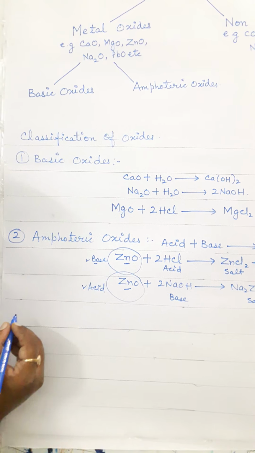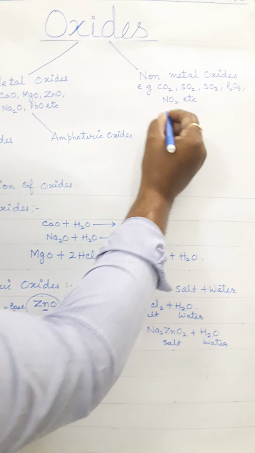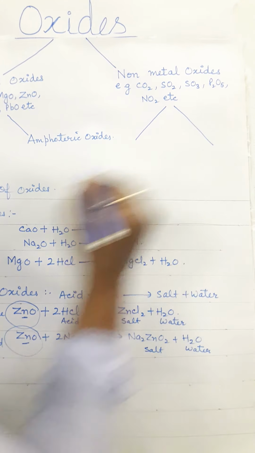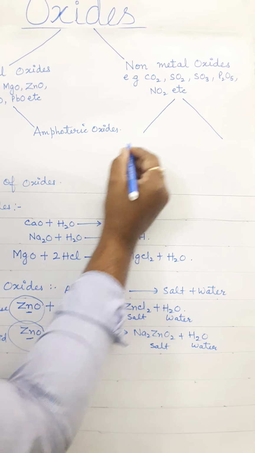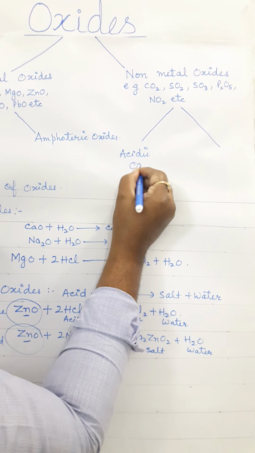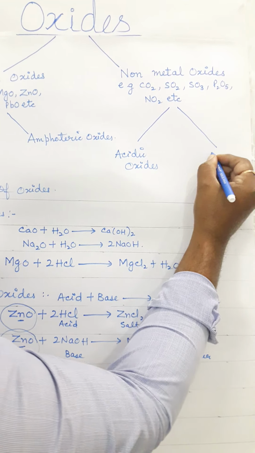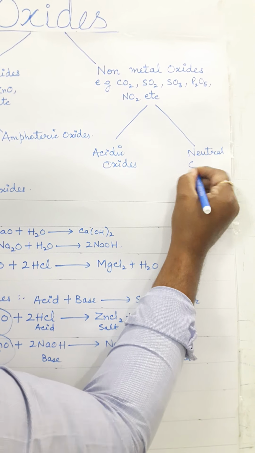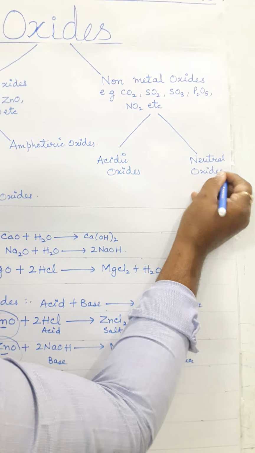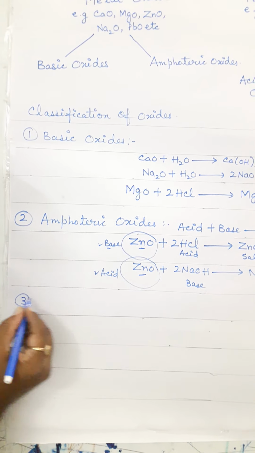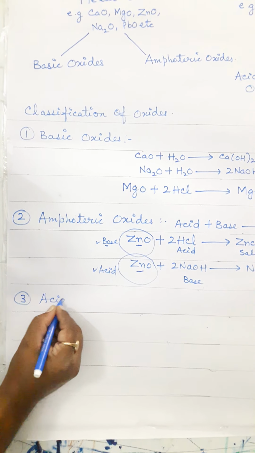Now we'll come to another thing, that non-metal oxides are further classified into two types: acidic oxides and neutral oxides. So the third type of oxides are acidic oxides.